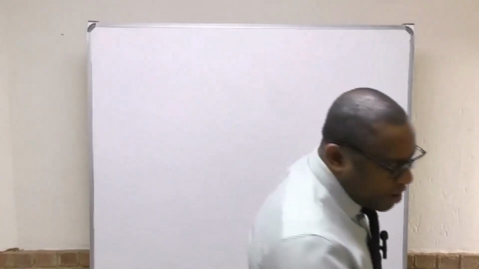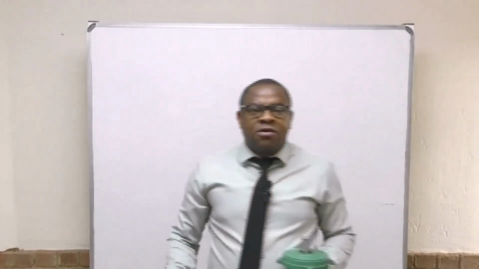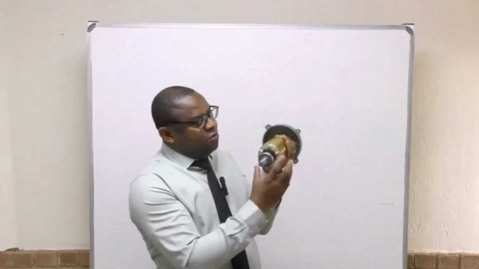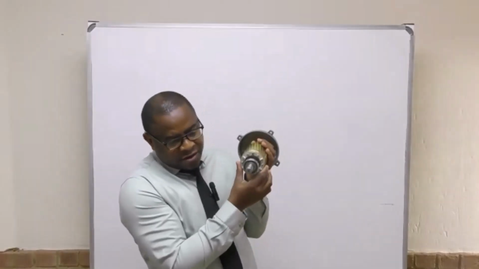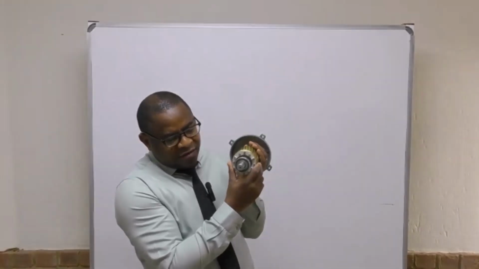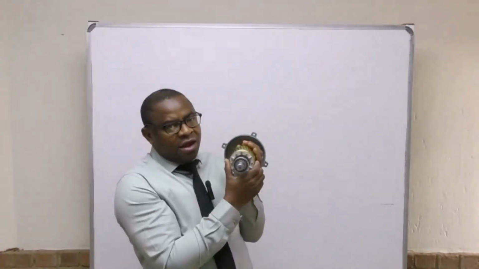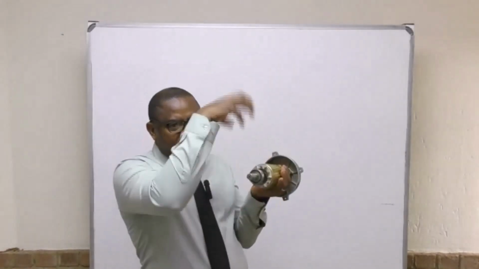That power will cross through the stator and over the air gap, because this rotor enters into that stator. There will be a gap, an air gap. So the power crosses through the air gap into this.